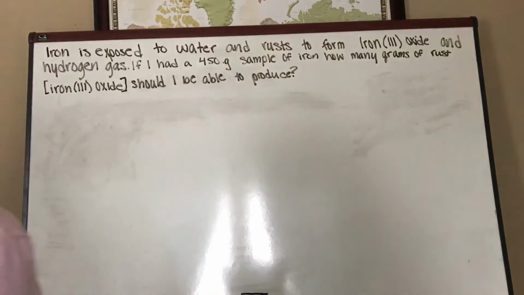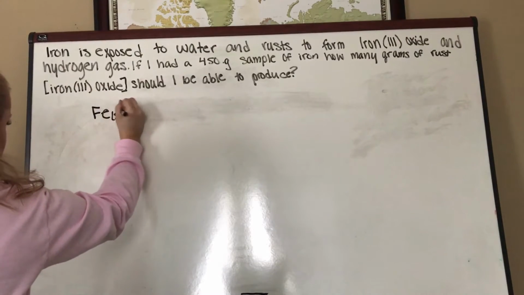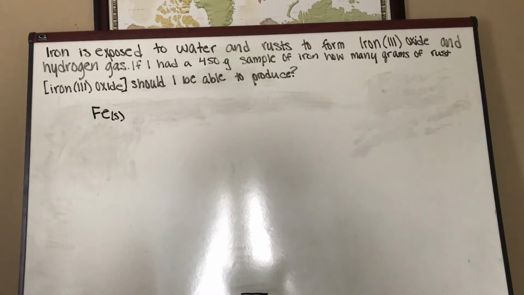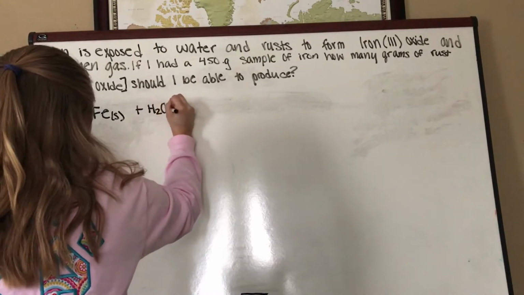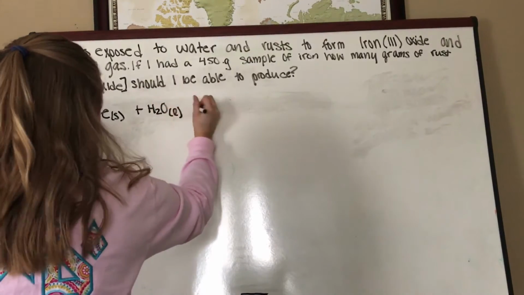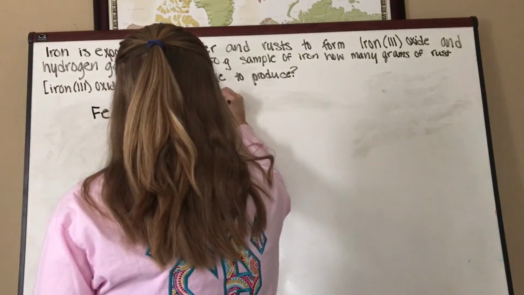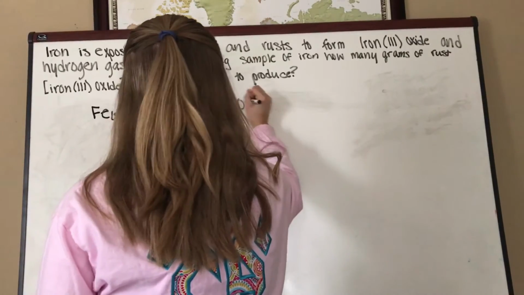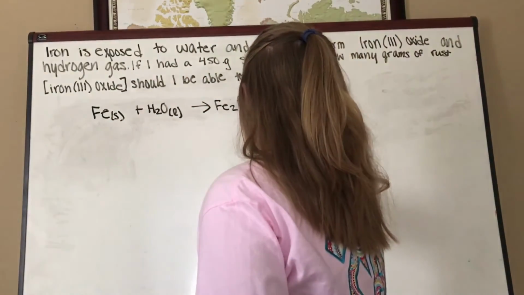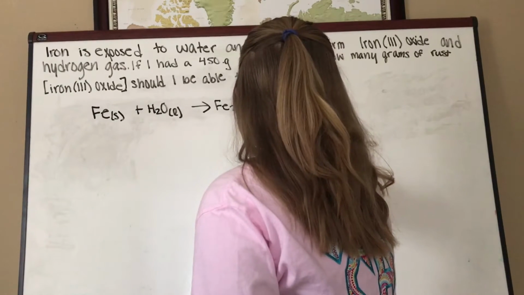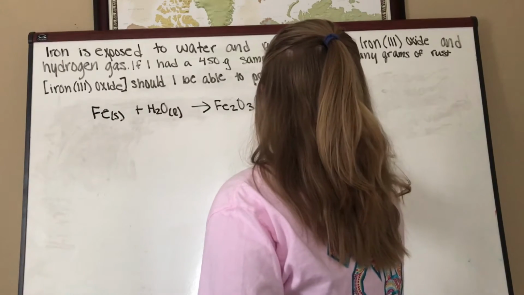Our skeleton equation is going to be Fe, which is a solid and represents iron, reacts with H2O, which is water and is a liquid, to produce Fe2O3, which is our iron oxide and is a solid, and also produces hydrogen gas, which is represented as H2.